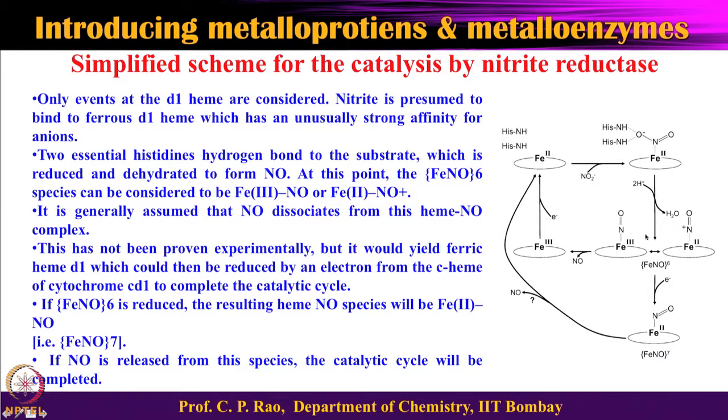Since this can undergo transformation to the other, there is a possibility that either process can happen, though this process has not been shown yet. So, only when the NO is dissociated can the catalytic cycle be reversed here, and that will take out the NO and then bring in more. So, either it can go through this process, or it can go through the iron 3 and then be further reduced, losing the NO and going back to this one.